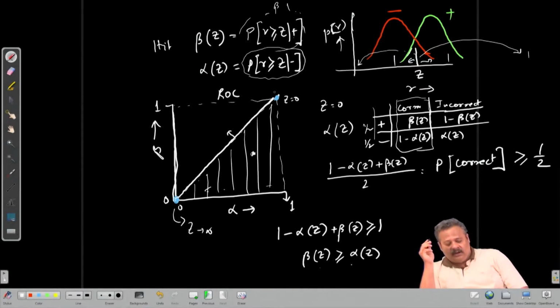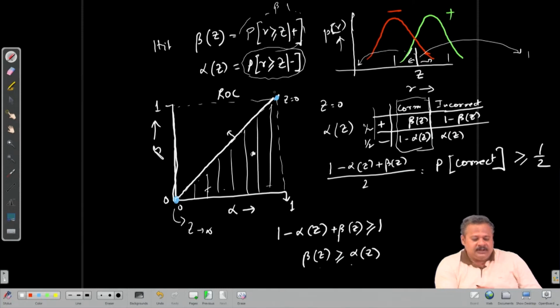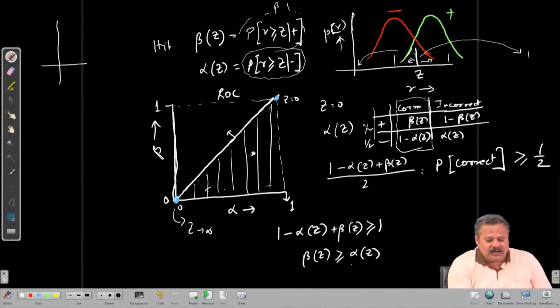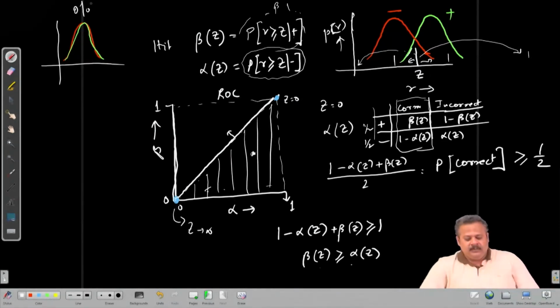So, it does not matter for the rates also, because for the 0% coherence we had the distribution for the minus stimulus and the distribution of the plus stimulus basically overlapping each other. That is the case for 0% coherence.